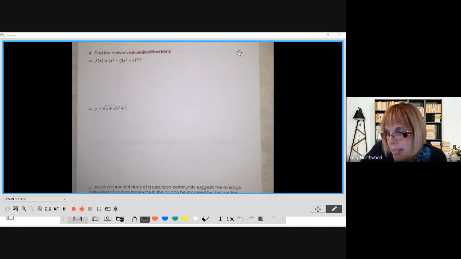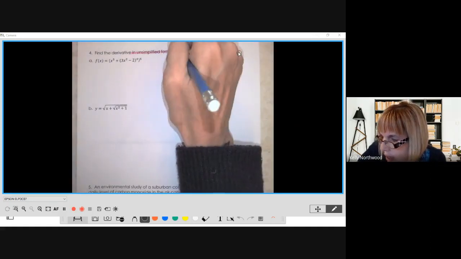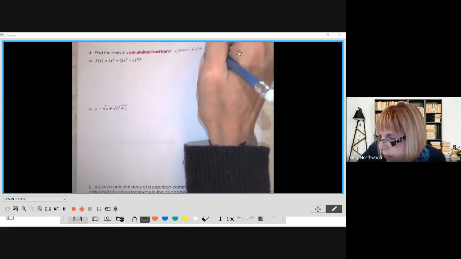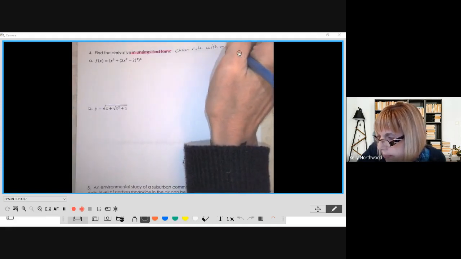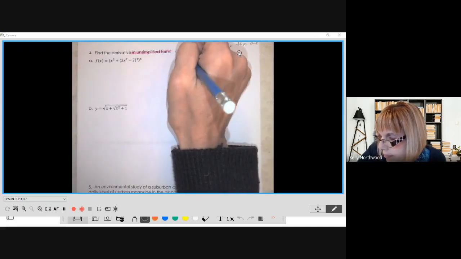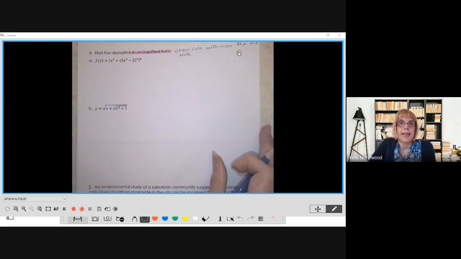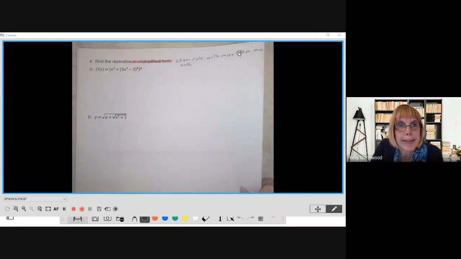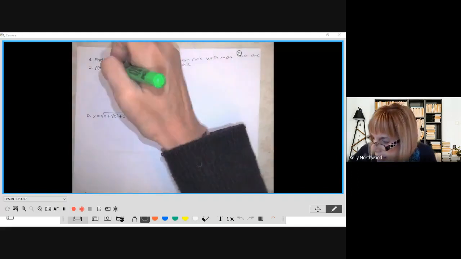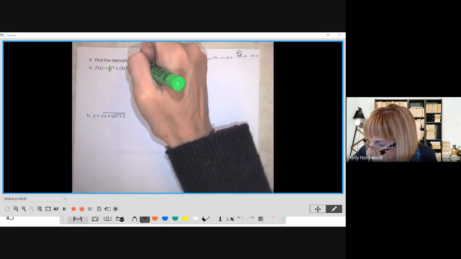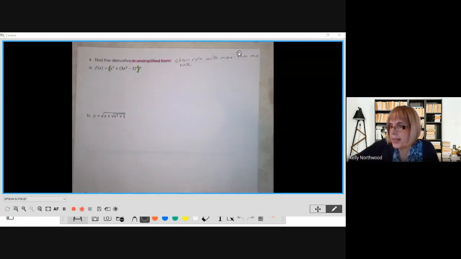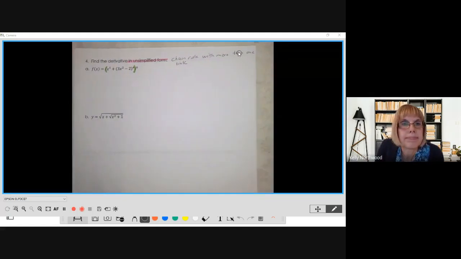These are chain rule questions that have more than one link. What I want you to do first is see this as my power function here. So it's that to the power of 6. Everybody good?